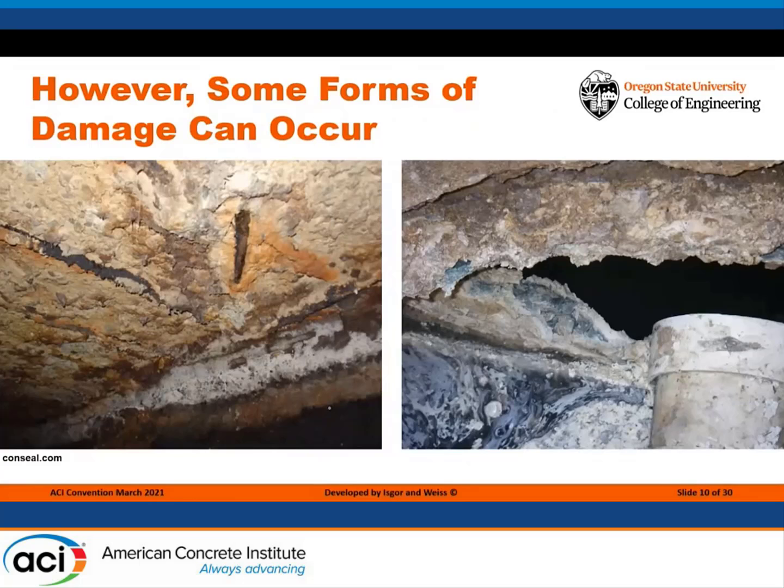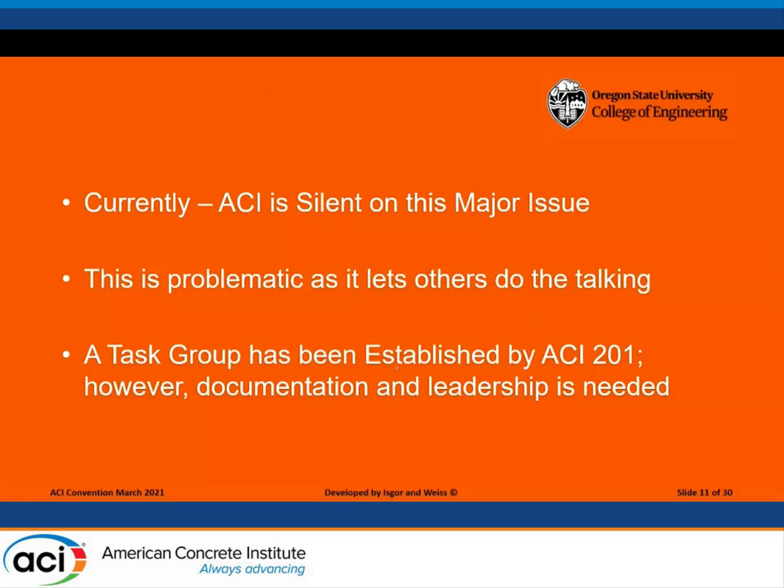However, in systems that are undergoing massive degradation, you can see tens of millimeters of degradation happening annually. So what we really want to do today is shine a little bit of light on what's happening in this underground infrastructure and what are some of the new tests that are coming out to help guide us in the ways that these systems should be designed moving forward.